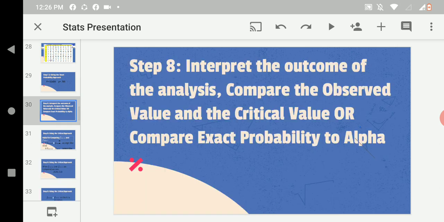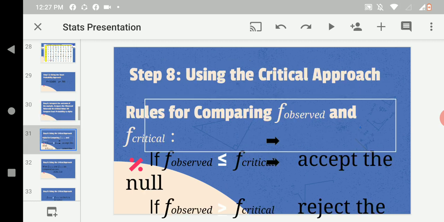Okay. Next, we have to interpret the outcome of the analysis. Compare the observed value to the critical value, or compare the exact probability to alpha. So we have to compare the observed value and the critical value, or we have to compare the exact probability, which can be solved in SPSS, and the alpha.